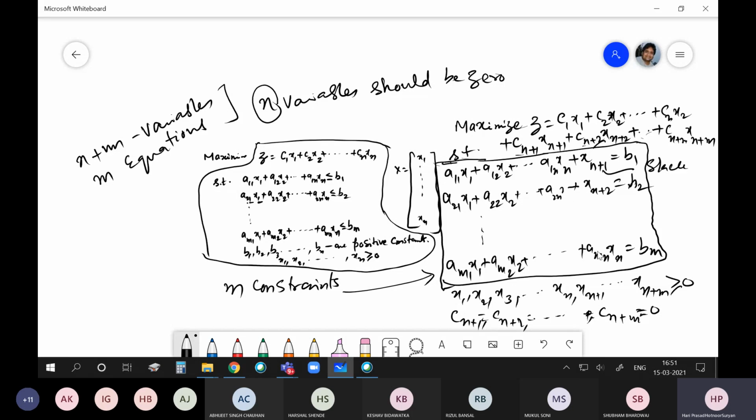When I solve this equation, what do I get? xn plus 1 is equal to b1, xn plus 2 is equal to b2, and xn plus m is equal to bm. Then what will be the value of the objective function at that solution?